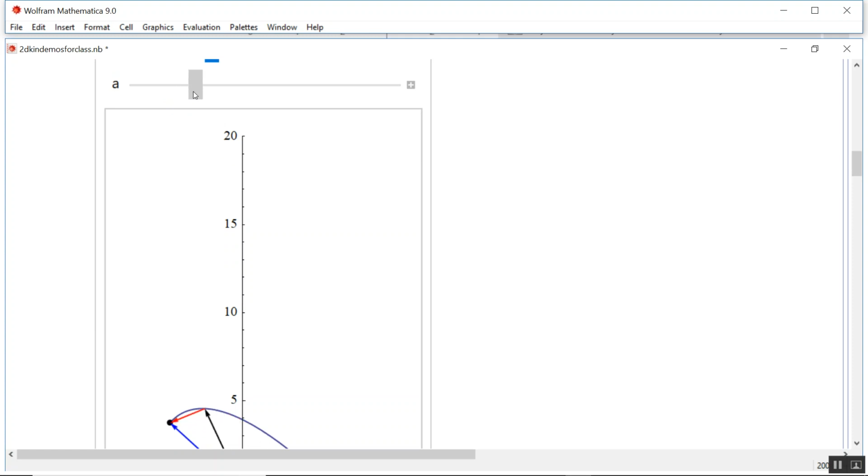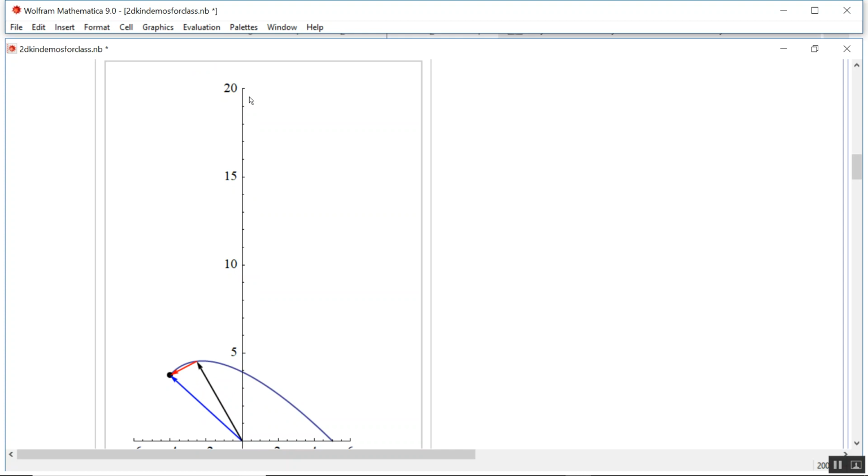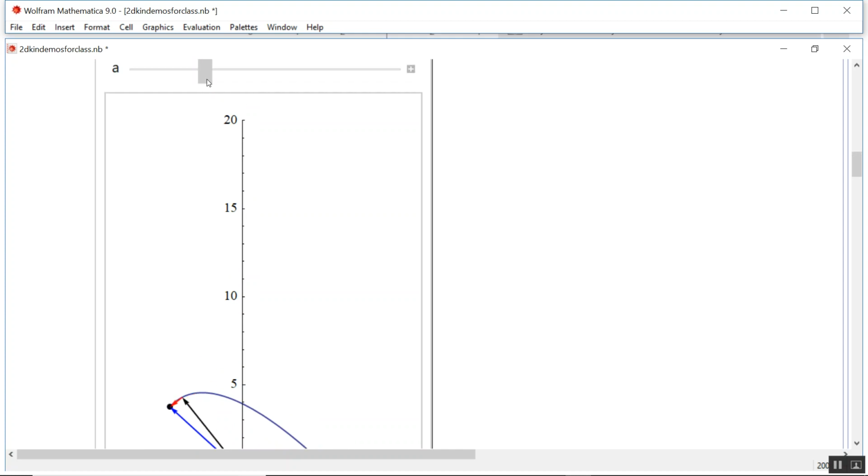But then I start bringing them closer together. And what happens to the red arrow? It gets shorter, but what happens to the direction of the red arrow? It changes, yes.